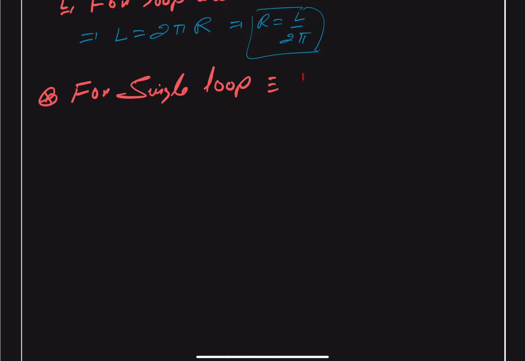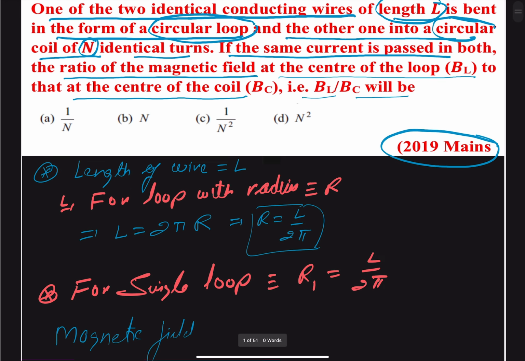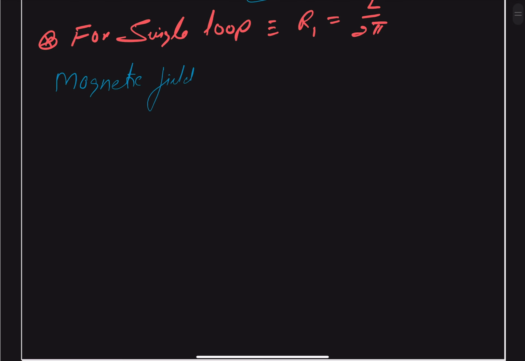we can write this radius, let us suppose R1, will be equal to L upon 2 pi, and its magnetic field at the center for the loop is given as BL, and that will be equal to mu naught I upon 2R1.